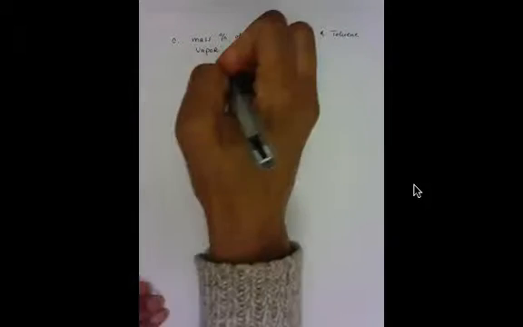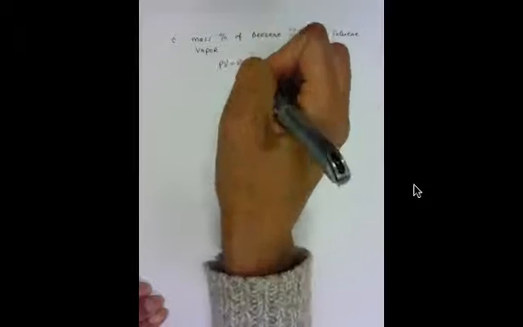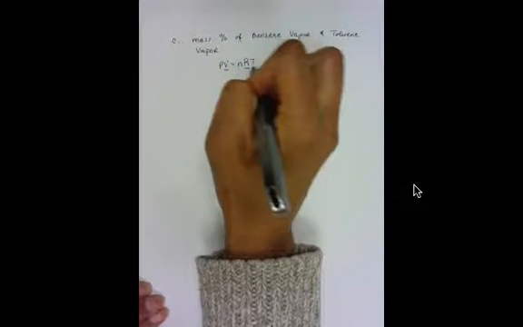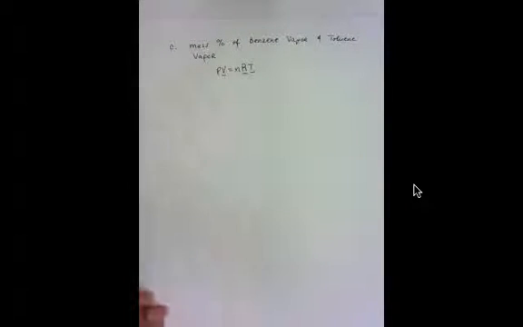Assuming ideal gas behavior, we can say that PV equals nRT. Toluene and benzene have the same volume, R value, which is a constant, and they're at the same temperature. They only differ by their pressure and number of moles.